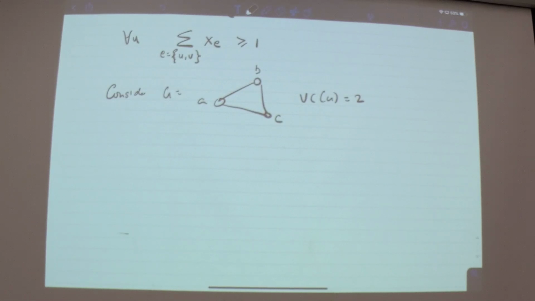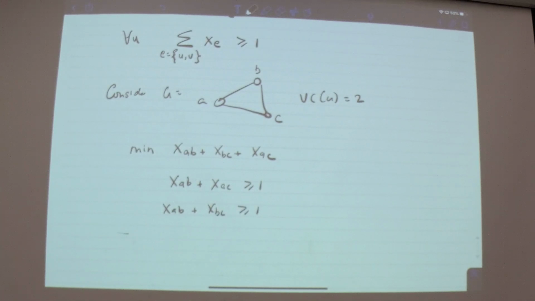Right. So we want to minimize XAB plus XBC plus XAC such that XAB plus XAC is greater than or equal to 1. That's for the vertex A. XAB plus XBC is greater than or equal to 1.